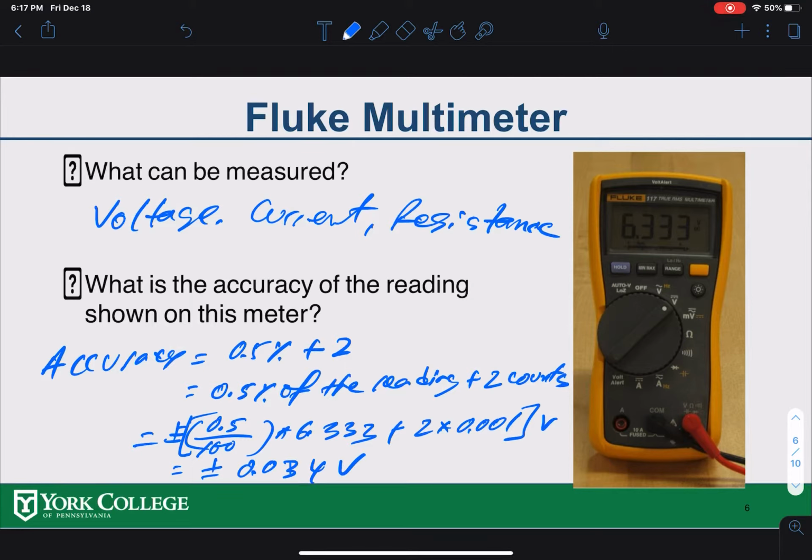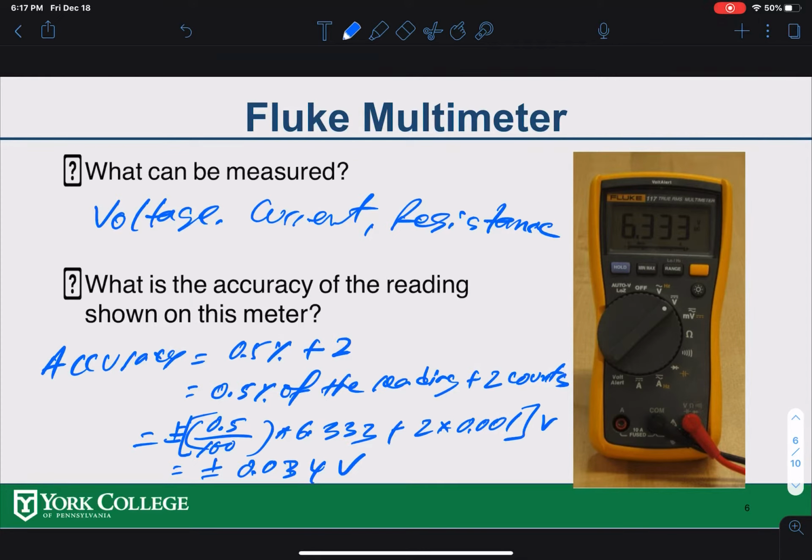Let me discuss this here. I'm measuring 6.334 volts. So my reading that I'm measuring could have plus minus 0.034 volts of error in there. That means the voltage could be close to 6.3 volts, or it could be 6.367 volts.